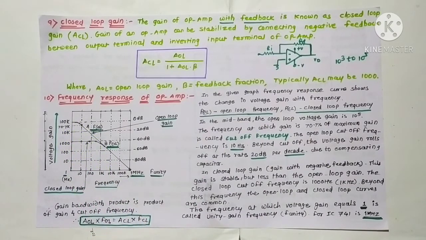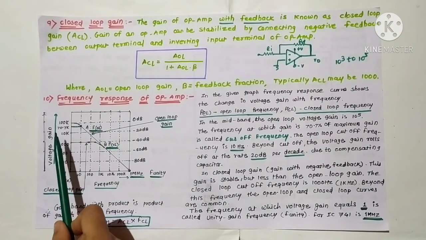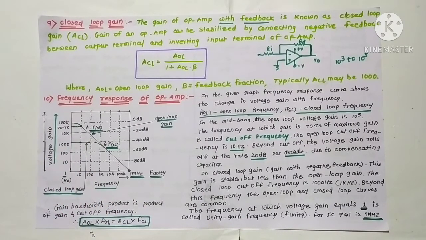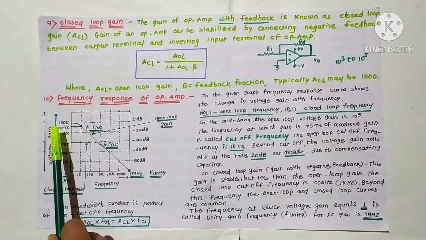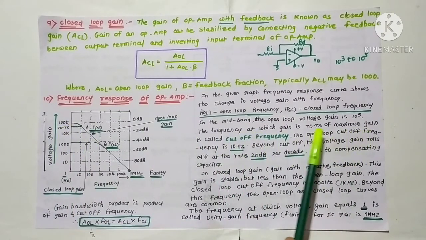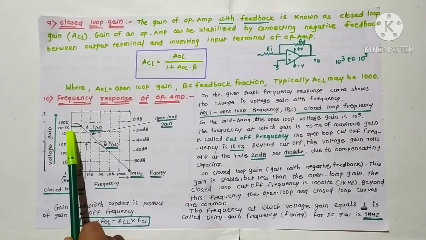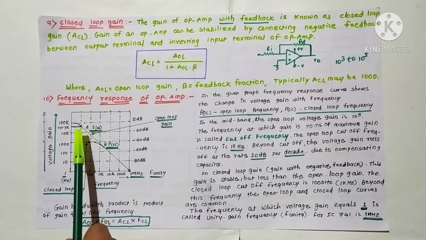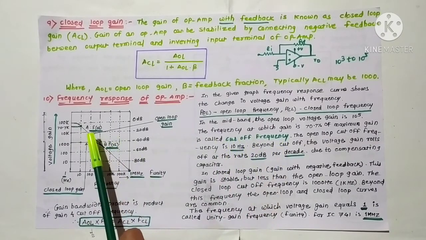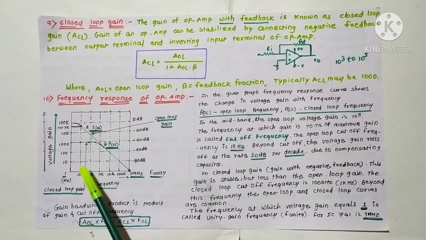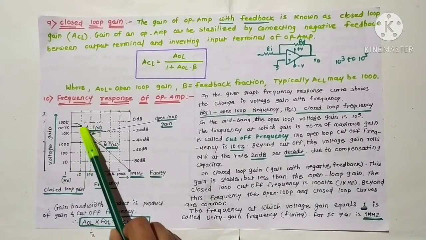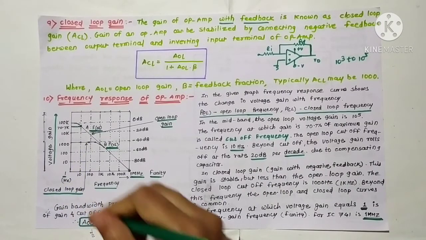Okay students, 70.7% of maximum gain. How much is the maximum gain? It is about 100K, and 70.7% of that maximum gain is where the frequency is called the cutoff frequency, that is FOL. The open loop cutoff frequency is about, how much? Yes, 10 Hz. You can see here with the help of this graph.